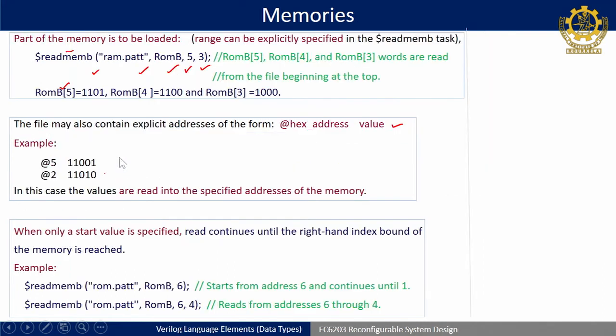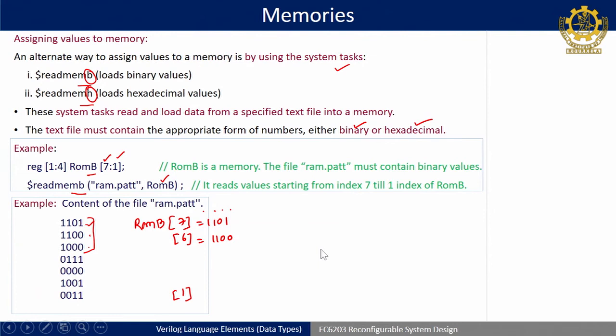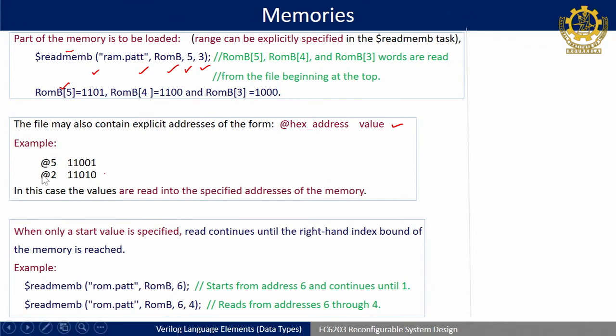If by chance I have given 6 here, then it will start from 6 and continue up to 1, understood? So, that indicates the first memory location 6 will have a binary value of 1101, and it will go up to 1. So, maybe 1 will have 1001. Okay. So, like this you can initialize the corresponding memories.